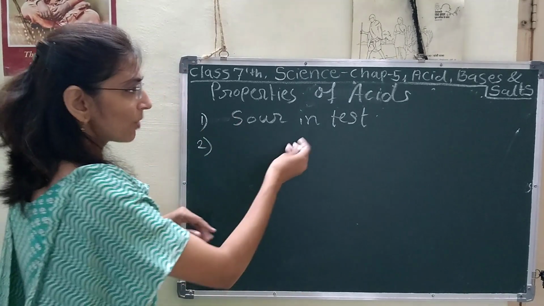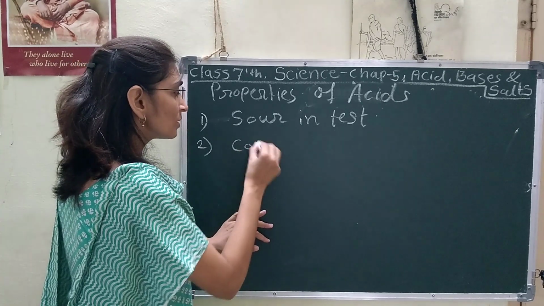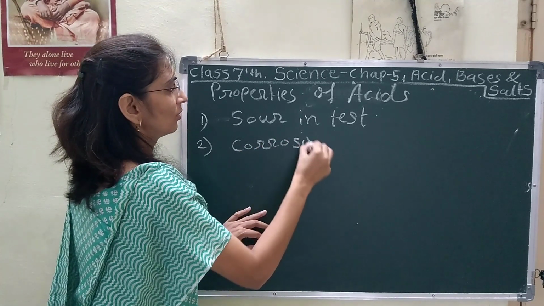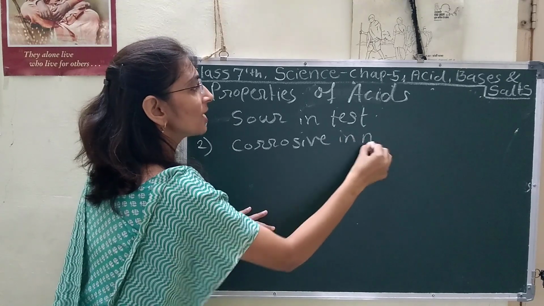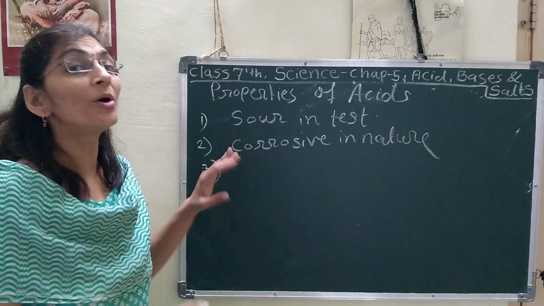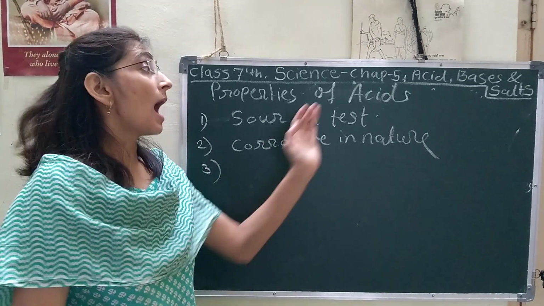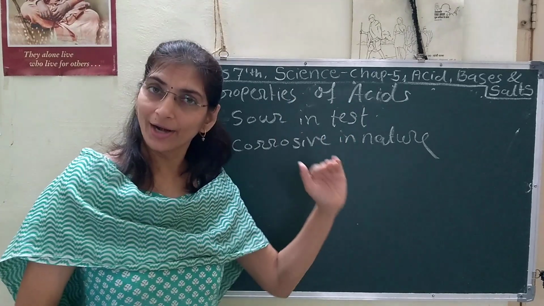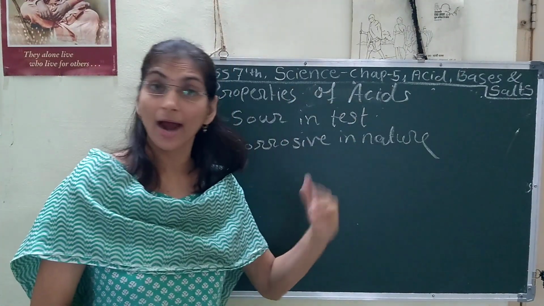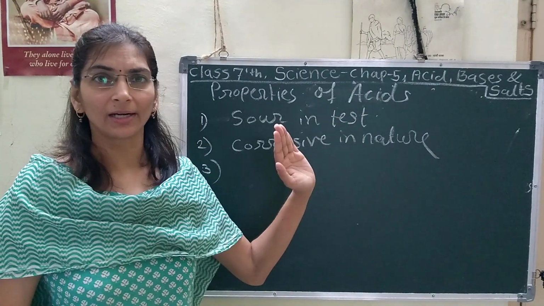So acids are corrosive in nature. The third very important property is that acids give hydrogen ions, H plus ions, and they can conduct electricity.